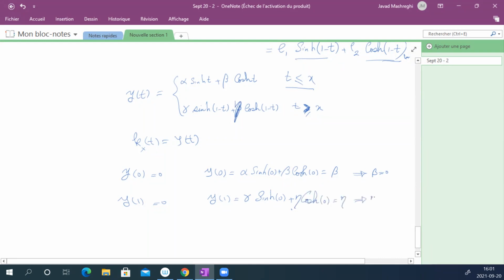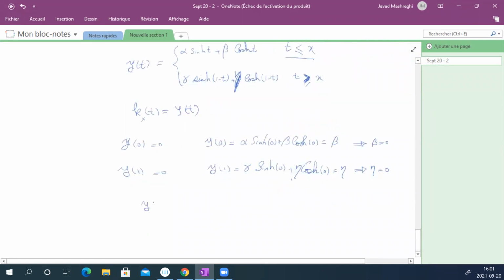So eta is also equal to 0. So immediately 2 of the constants need to be 0, and my y simplifies to be alpha sine hyperbolic t and gamma sine hyperbolic of 1 minus t.